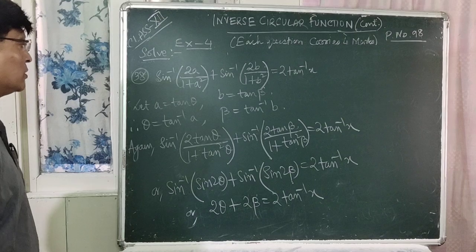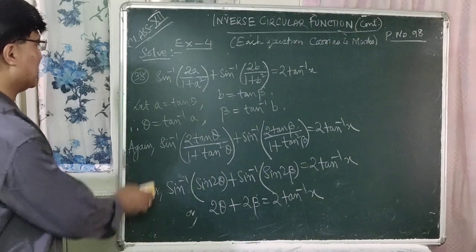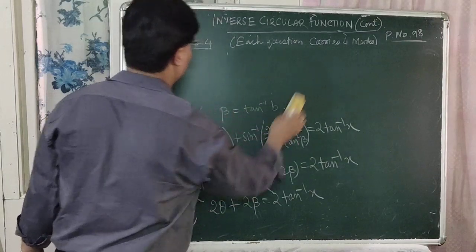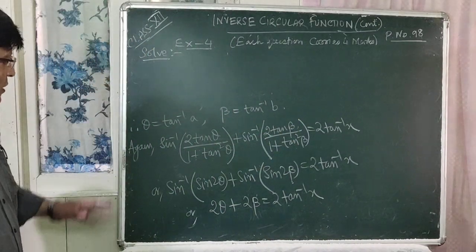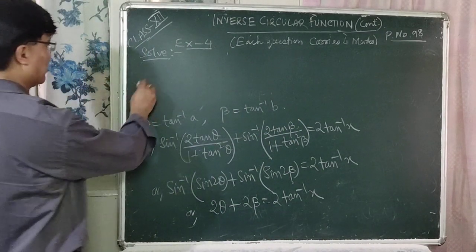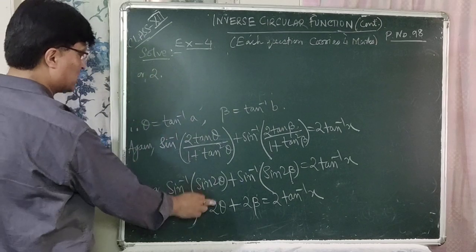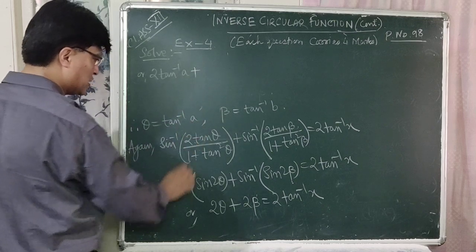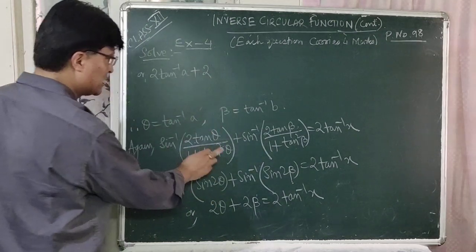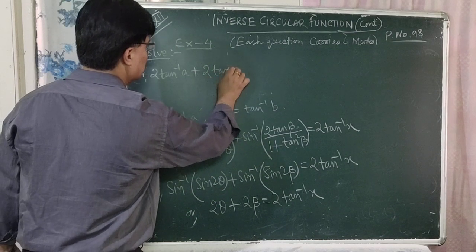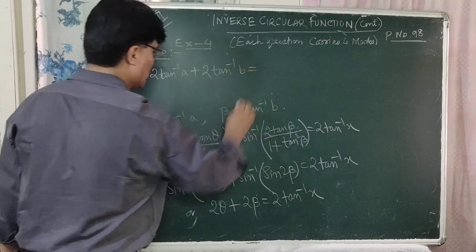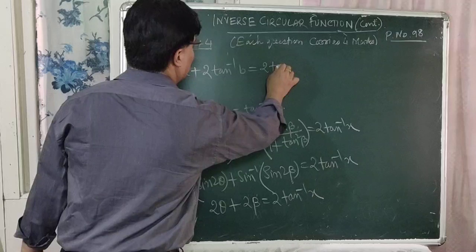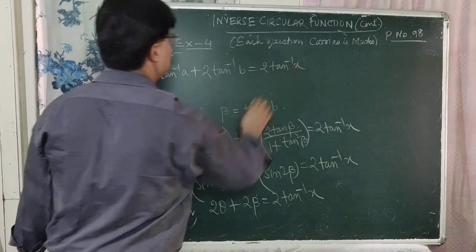So now you can put the value for theta and beta, right? So 2 into, what is theta? Tan inverse a, plus 2, what is beta in this case? It is tan inverse b, which is equal to, on the right hand side, 2 tan inverse x.